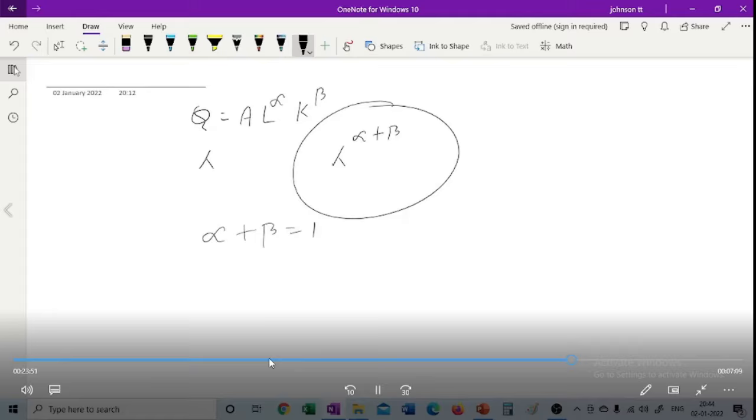Since alpha plus beta is equal to 1, if you multiply labor and capital by lambda, then output will increase by lambda raised to alpha plus beta, that means lambda raised to 1, that is equal to lambda. So in short, when labor and capital are multiplied by lambda, our output will also increase by lambda times. That is why the Cobb-Douglas production function is linearly homogeneous.